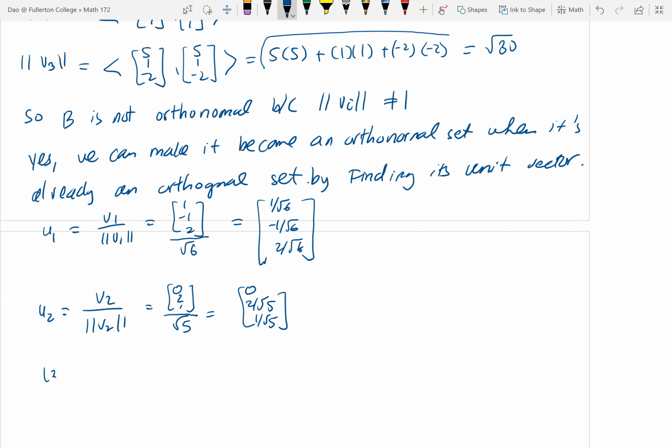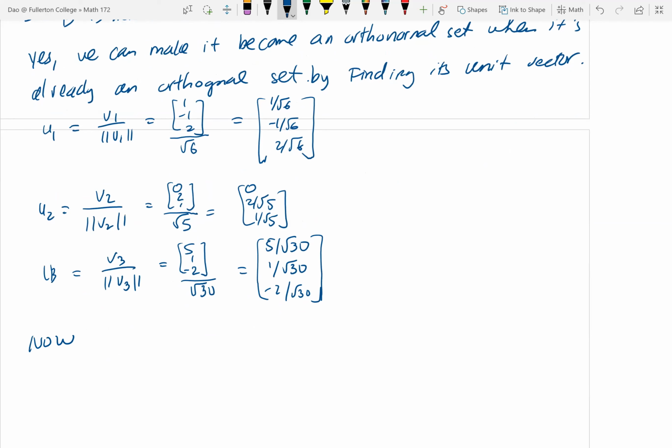And then U3, which is V3 over the magnitude of V3. So you get (5, 1, -2) divided by radical 30. So you have 5 over rad 30, 1 over rad 30, negative 2 over rad 30.